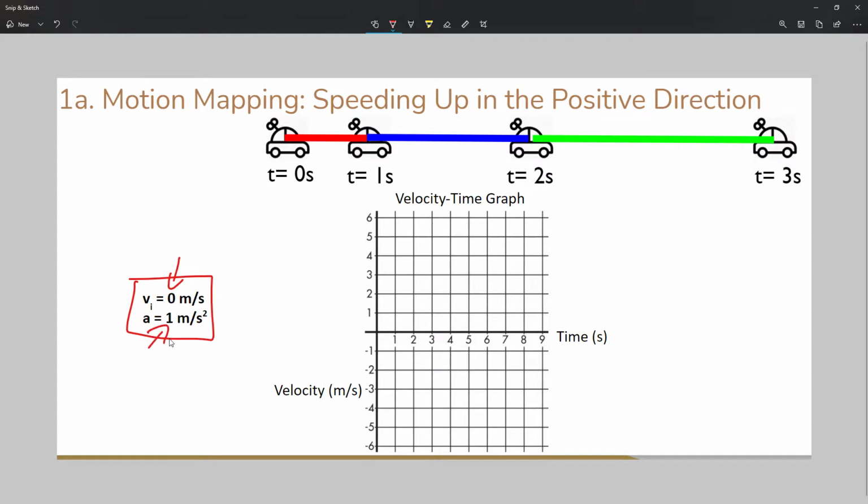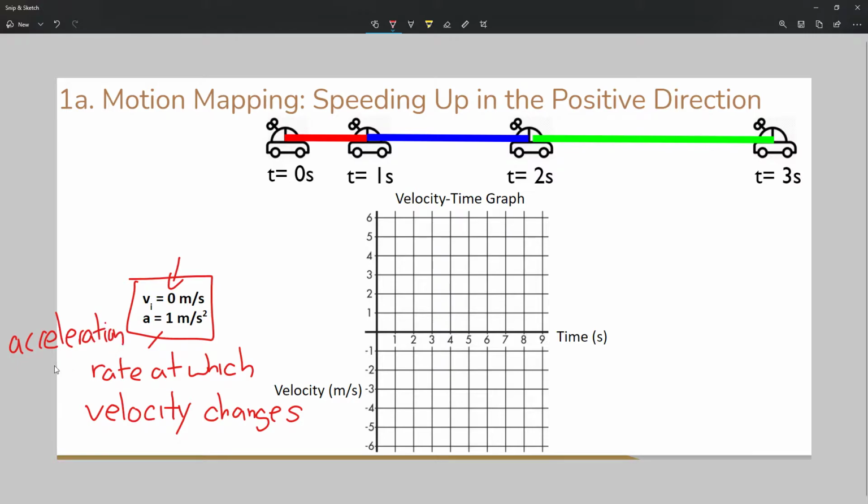Well, what does this mean? What does that acceleration of 1 meters per second squared mean? The definition of acceleration is the rate at which velocity changes.